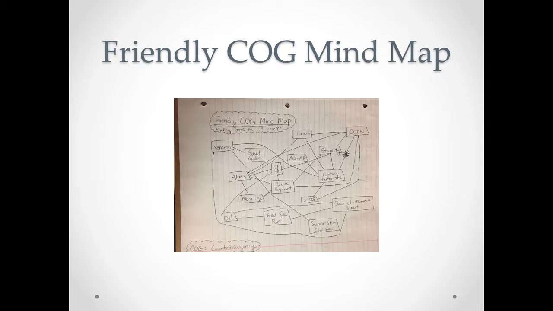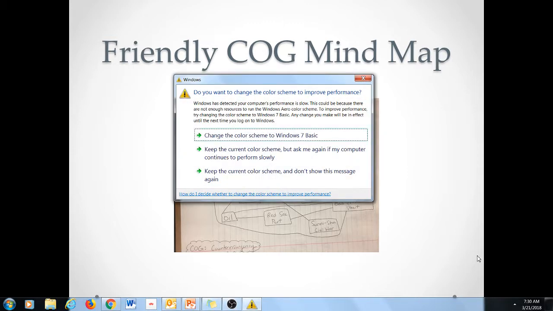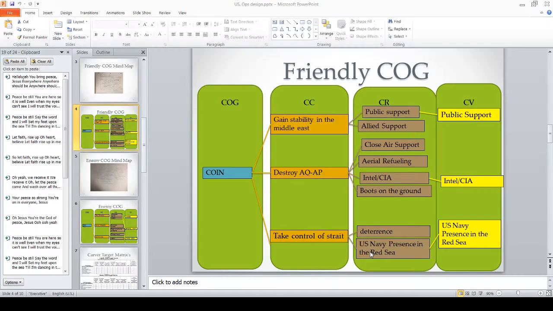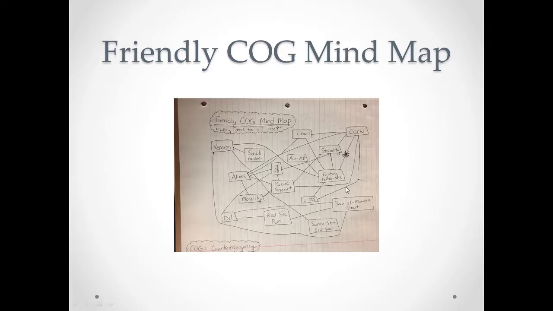Basically, you write down all the things that are part of your objectives, or things that you need to do, and what's available, and you just start drawing lines to the ones that are connected. As you can see, Iran, allies, fighting terrorists, all those are connected. Money, all those are connected, and whichever one has the most lines connecting to it is usually your center of gravity.